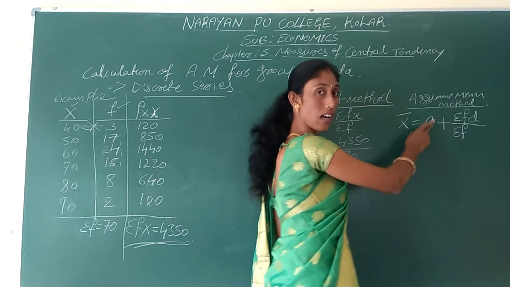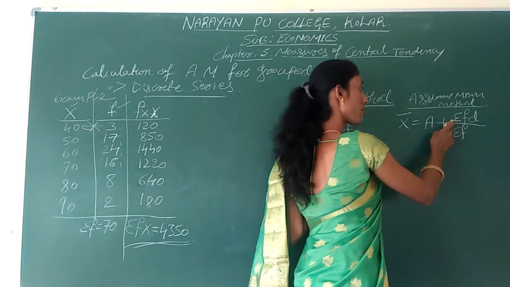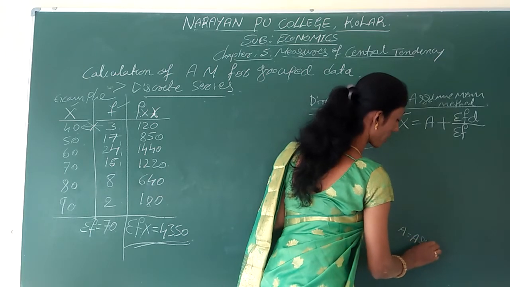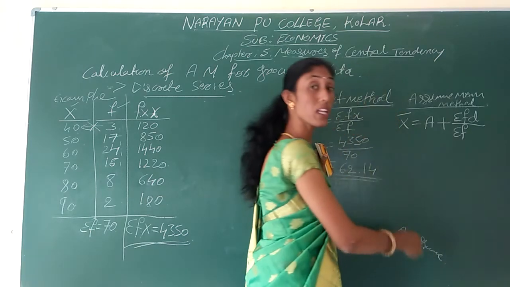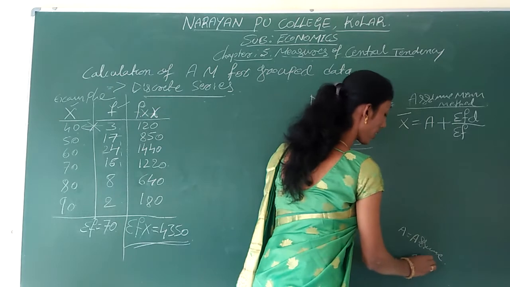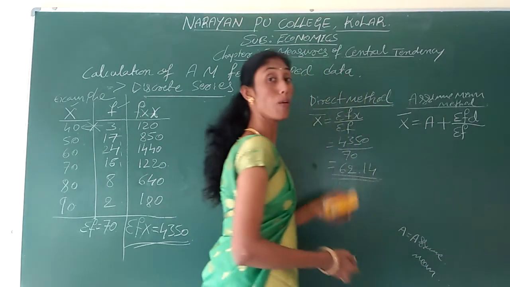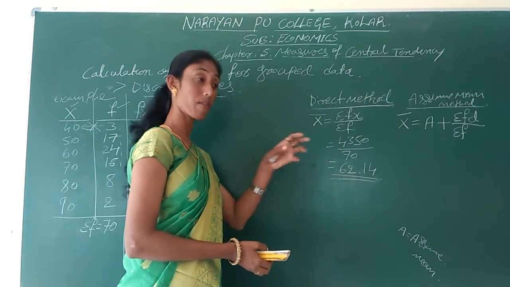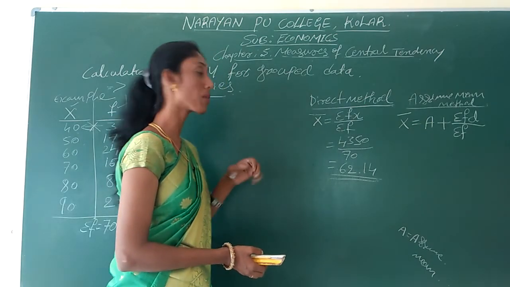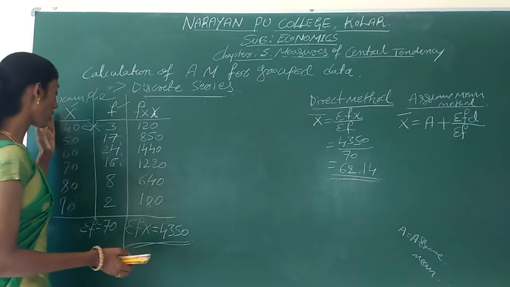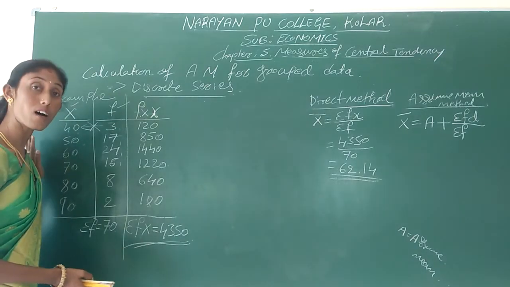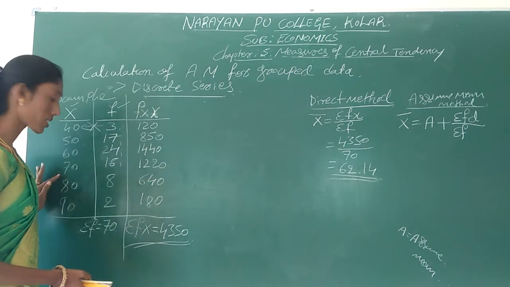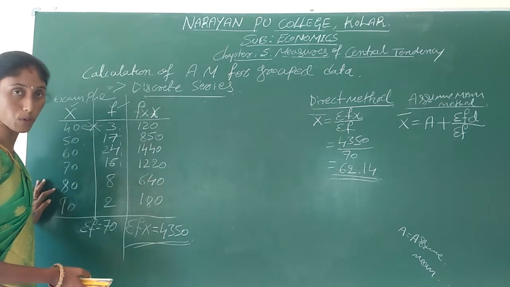Here, a means assumed. Write down, a means assumed, and the assumed mean we take from the observations. Now you may be confused about which column we should take the assumed mean from. Assumed mean we will always take from the observations only, which means the x column only.